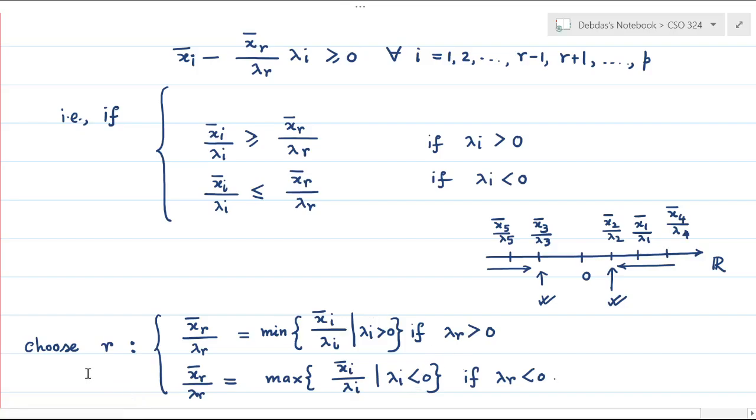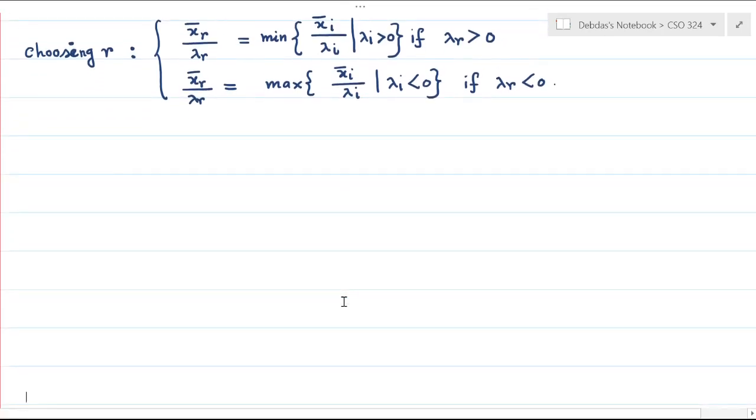And if you choose r in this way, then we note that X star is a feasible solution to the set S. That means AX equals B together with X greater than or equal to 0.